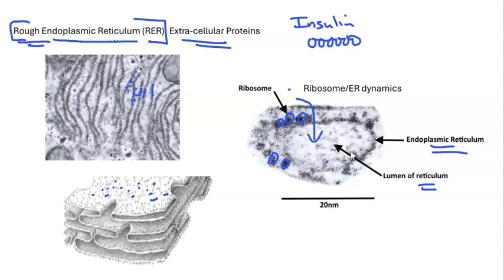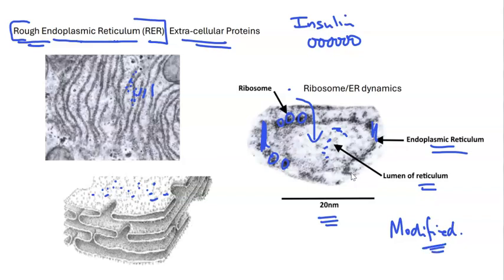These tubular systems are about 20 nanometers in diameter. So now we're down to a much smaller scale measurements of nanometers rather than micrometers. So 20 nanometer diameter from here to here. And the protein will go in here, where it will probably be modified prior to being released from the cell.